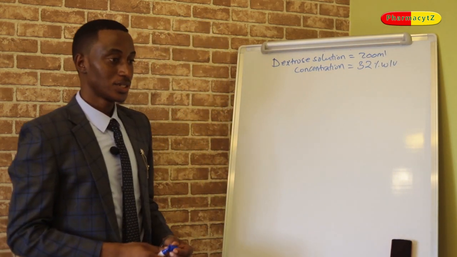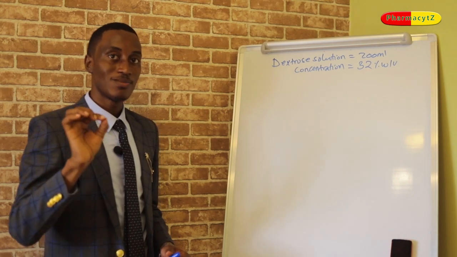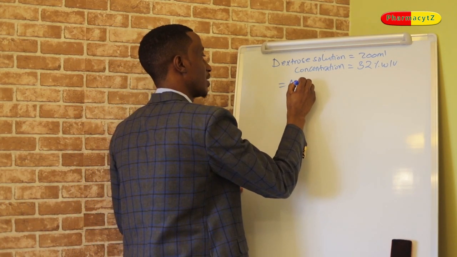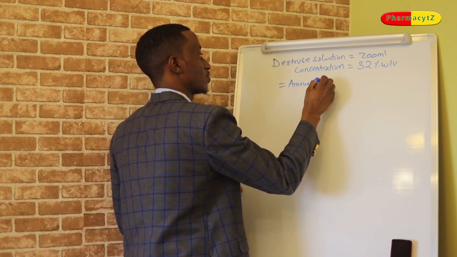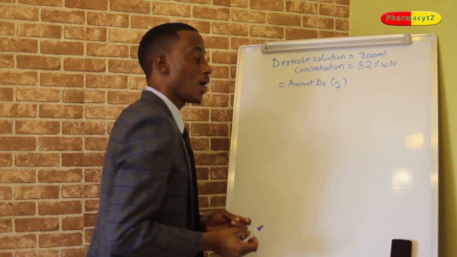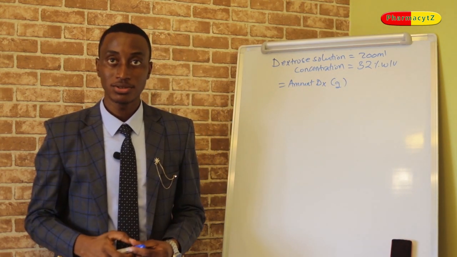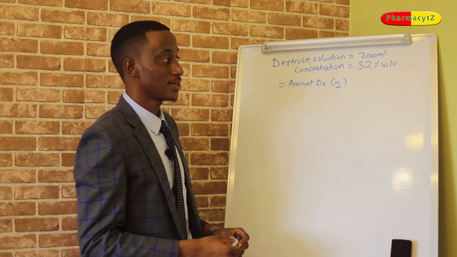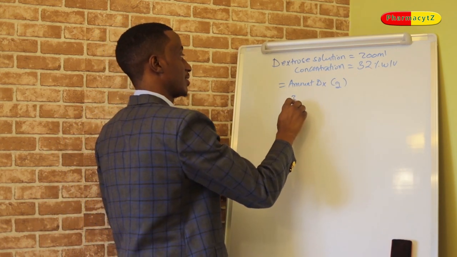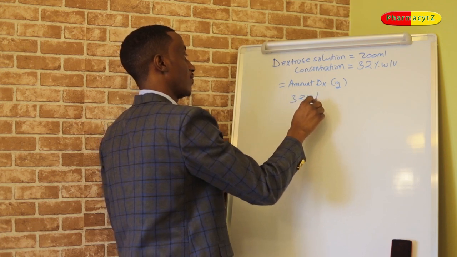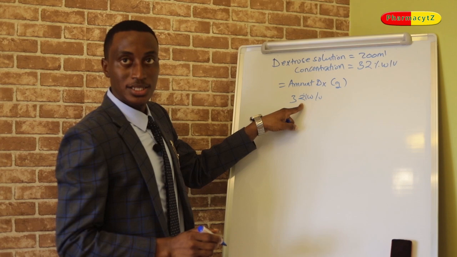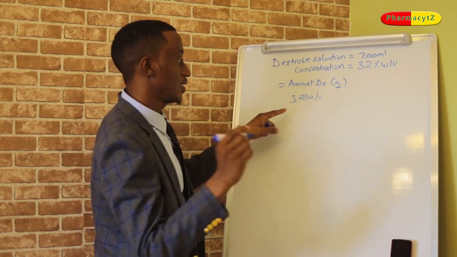So the question is about calculation of the actual amount of dextrose. We need the actual amount of dextrose, in grams. So how do we get the actual amount of dextrose? This is very simple. If you have the percentage strength here of dextrose, 32 weight in volume, this is percentage weight in volume, 32 percentage weight in volume is equivalent to this.